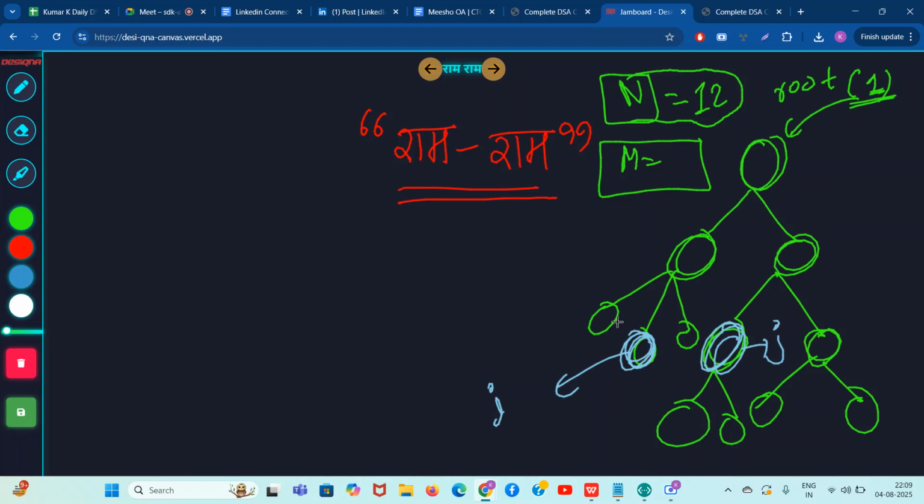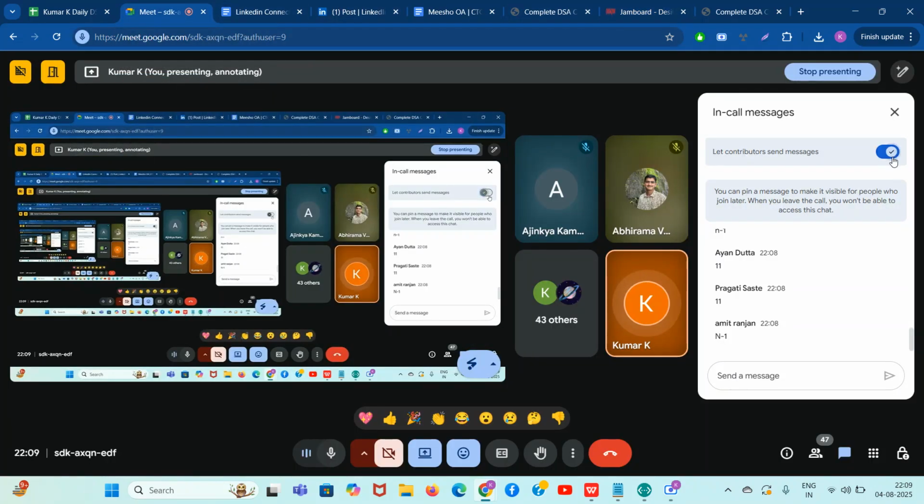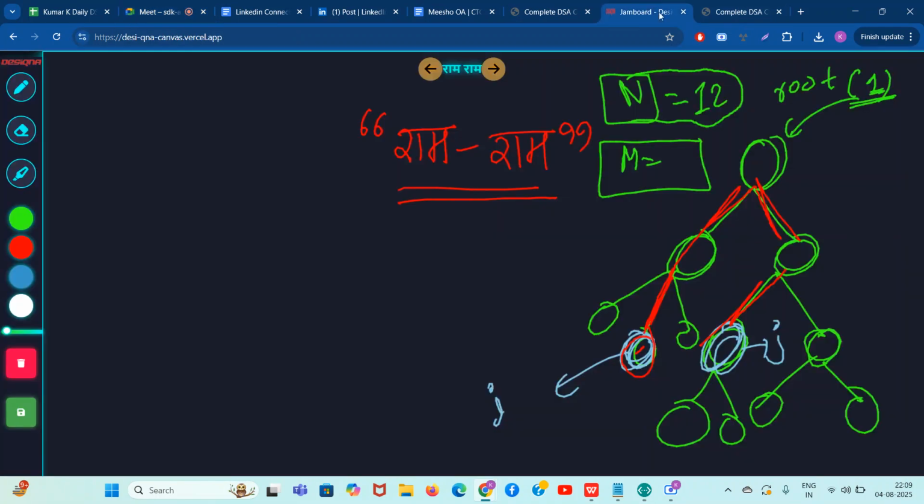The path from I to J will look like this: from this node, you first go up, then again go up, then you go down like this, then you take this branch, and then you reach J. Can you see how many edges are in this path? How many red color edges are there? Write in the chat. From node I to node J, how many edges? 4 edges are there.